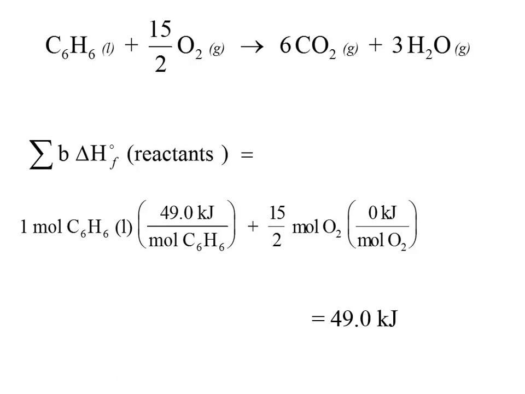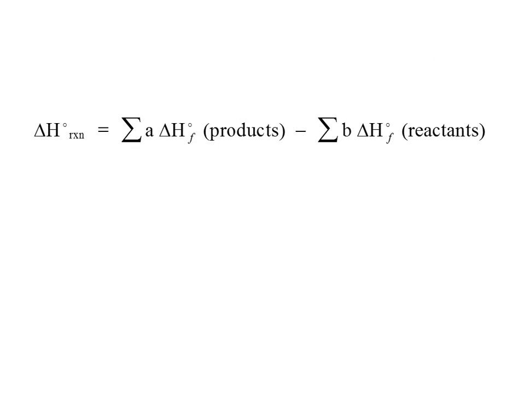I know I've already said it, but it's very easy to forget how you do the last step. We have those two terms and now we're going to subtract. It's always final minus initial, products minus reactants. So here we go, for the overall reaction of interest, drum roll.